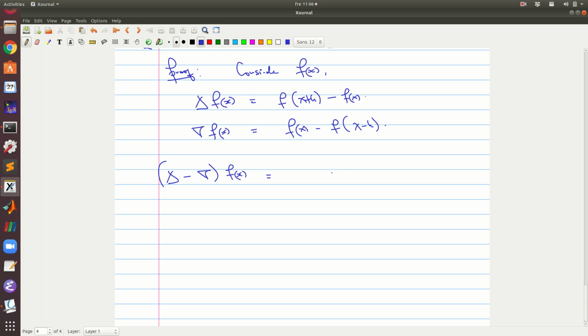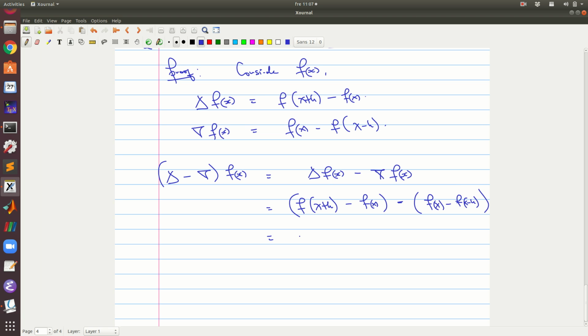we can expand this and say first forward of f of x minus first backward of f of x. By definition we have said that this is f of x plus h minus f of x, then minus f of x minus f of x minus h.